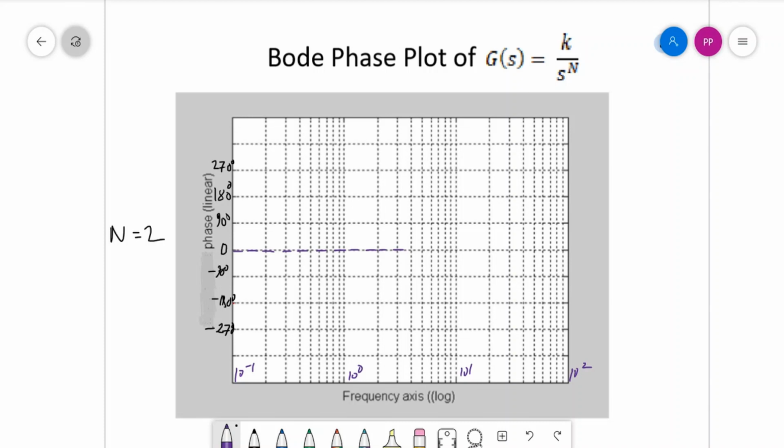The other part, that is 1 by j omega power n, is contributing a phase of minus 180 degree like this.